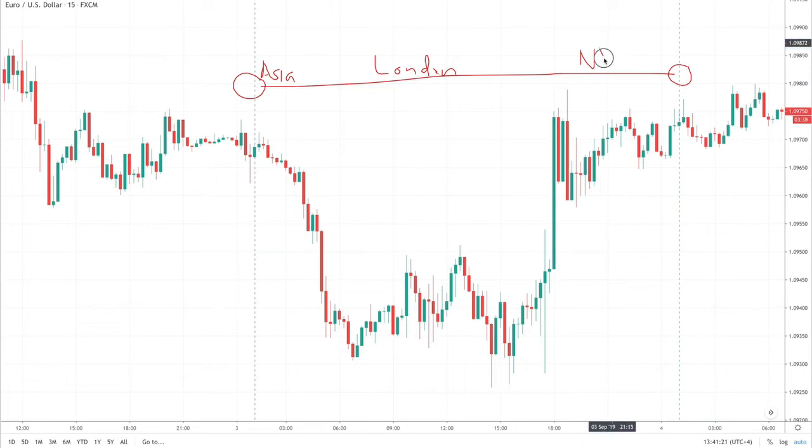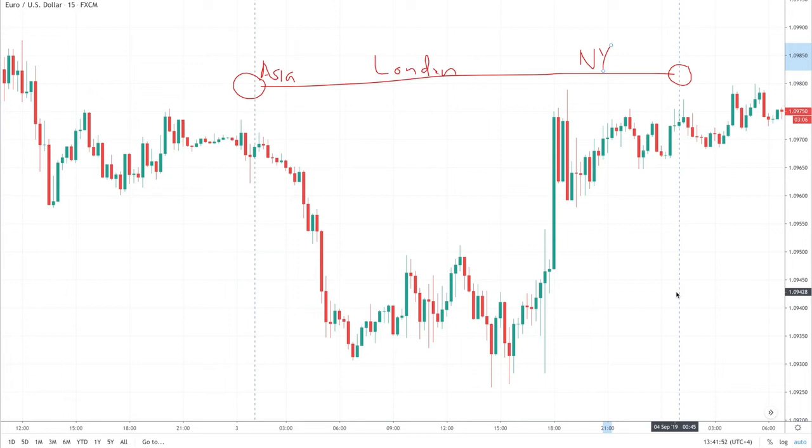As New York ends, the line shows up again. So what you have is 3 different sessions showing up between one dotted line and the next dotted line. This represents 24 hours of the day. But unlike the stock market, in the Forex market you have 3 different sessions. In the stock market, when the day closes and the next day opens, you're dealing with only New York, or only Tokyo, or only whichever stock market you're trading.